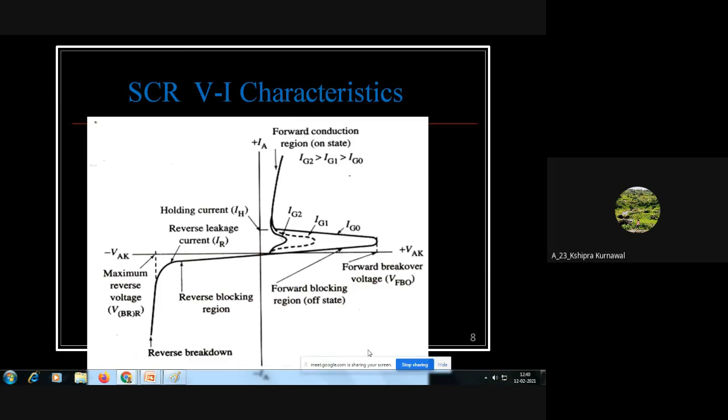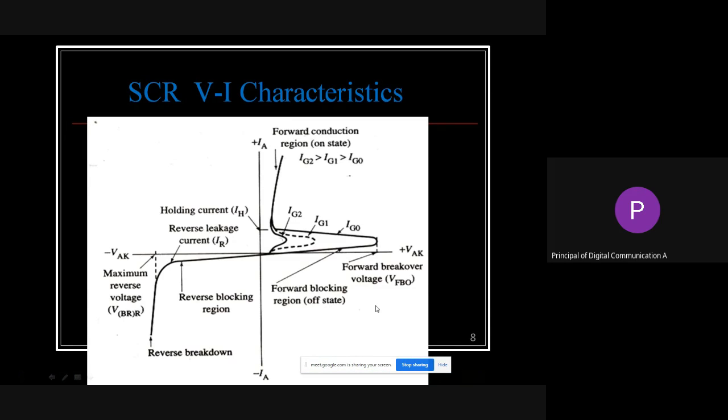Yes, sir. Thank you. So VI characteristics of any device is representing the response of input and output with that device. So here is the diagram for the SCR VI characteristic.